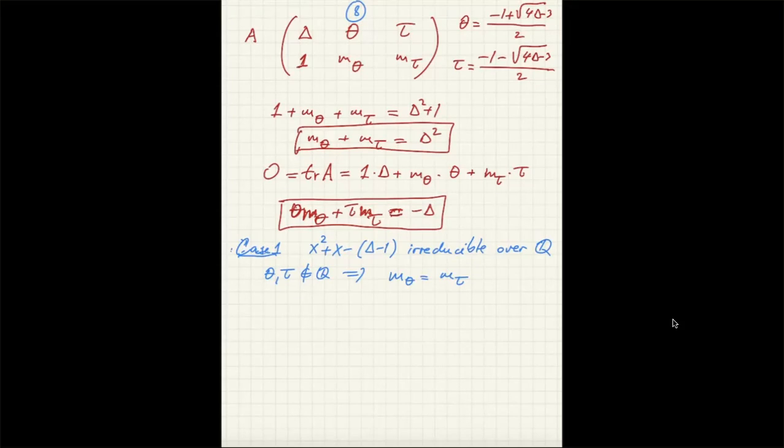What we have is that theta and tau are irrational, but because they are roots of x squared plus x minus delta minus 1, this polynomial factors as x minus theta times x minus tau.